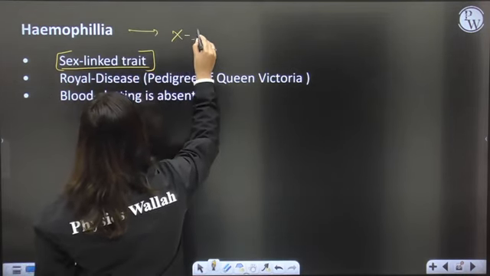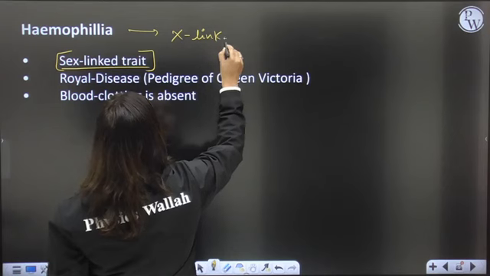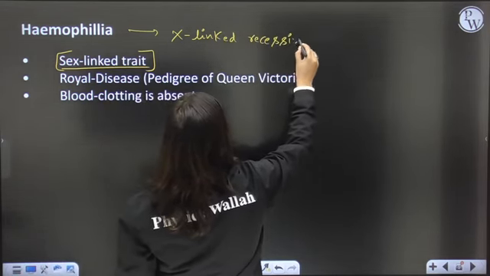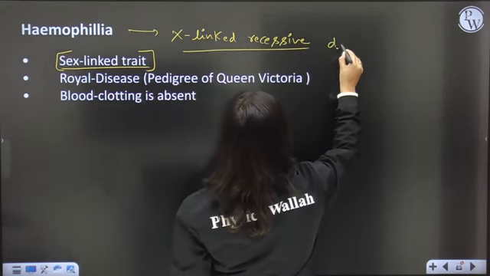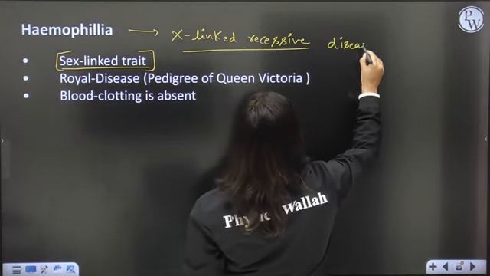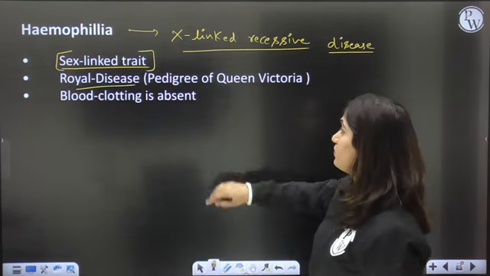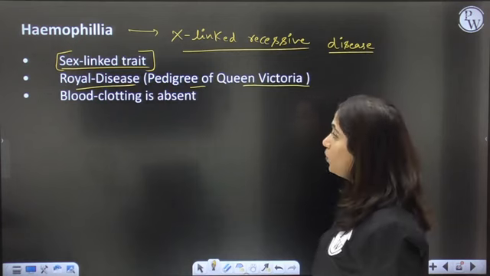So this is also an X-linked recessive disease, just like color blindness. This is also called the royal disease because it was present in the pedigree of Queen Victoria.